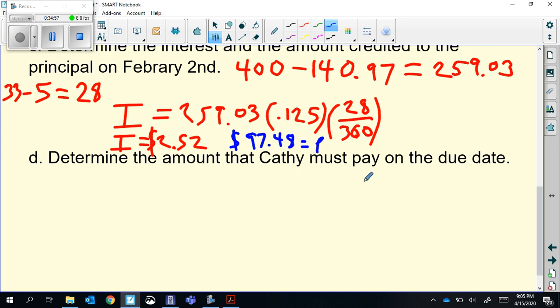So, to determine the amount of money that Kathy must pay on the due date, we can subtract the 97.48.